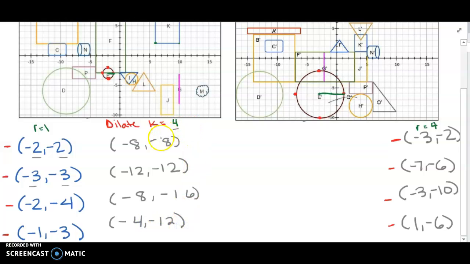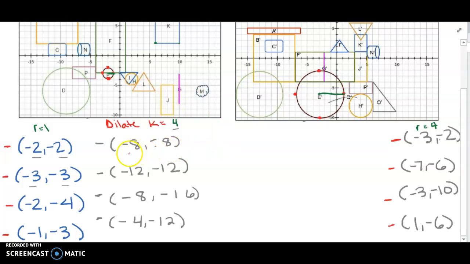So just after dilation, I get to these coordinates here. If I check these coordinates against these coordinates, they're still not the same. We have it the same size, so we've moved a step in the right direction, but now we just have to move it so that it fits in the right spot.